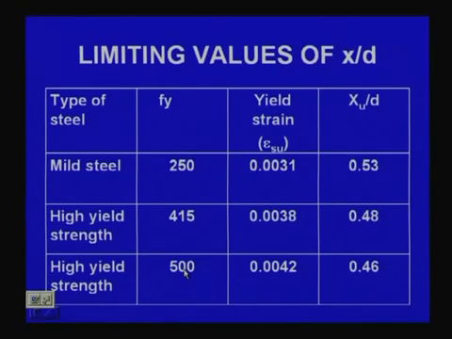Using the formula, we can get the yield strain 0.0031 for Fe250, 0.0038 for Fe415, 0.0042 for Fe500. Simple calculation from there we can make, and we should remember, at least we should remember 0.0038.